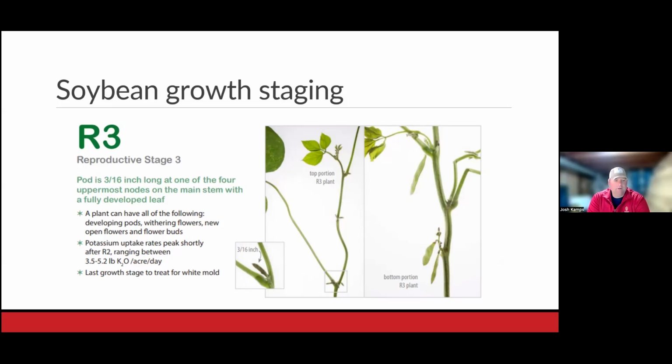So just knowing our window is kind of that R1 to R3, which length of time is not definite, but that's our window to protect that soybean seed, that soybean yield in our field from white mold.